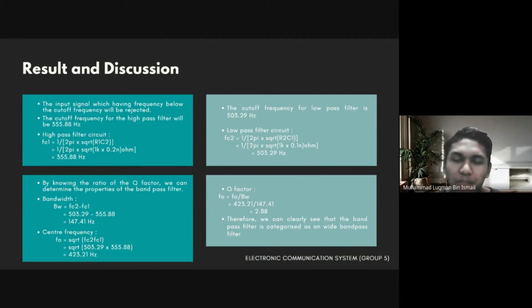So as you can see, we have calculated the frequency of the high pass and low pass filter. By using the formula, we have calculated the frequency to be 355.88 hertz and approximately 503 hertz for high pass and low pass filter respectively.